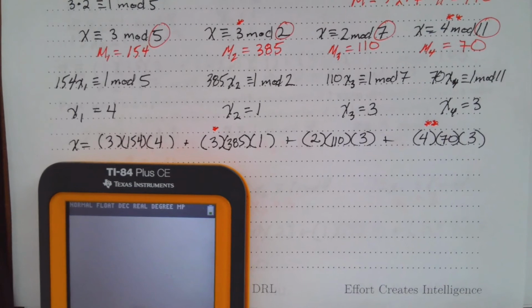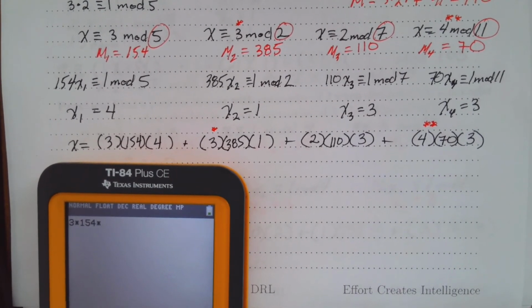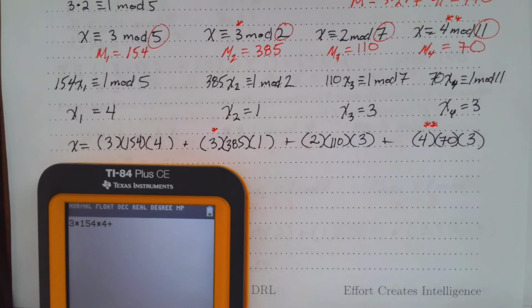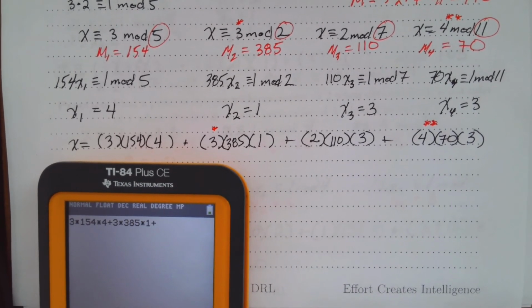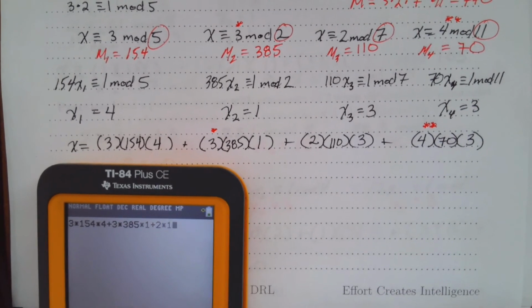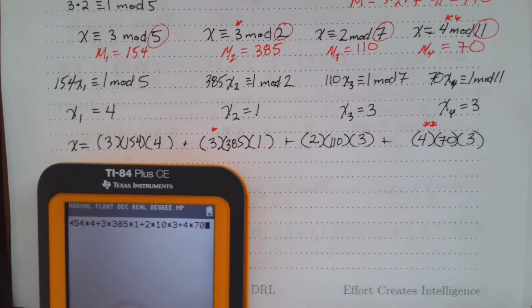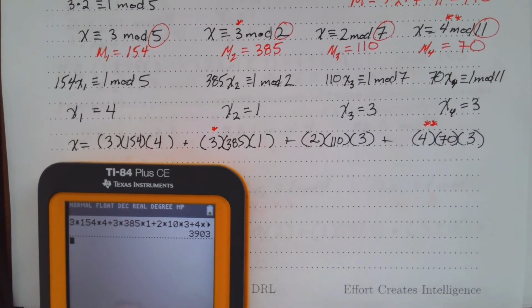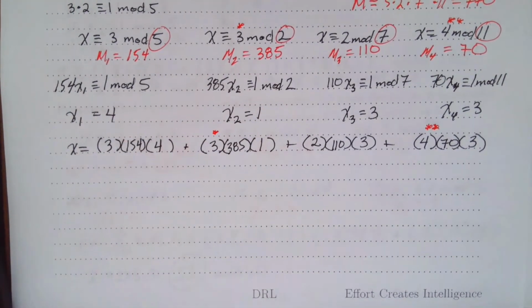Okay, so obviously with these numbers, more than likely you would have a calculator available to you to do your work. So 3 times 154 times 4 plus 3 times 385 times 1 plus 2 times 110 times 3 plus 4 times 70 times 3. All right, so that gives us 3903.